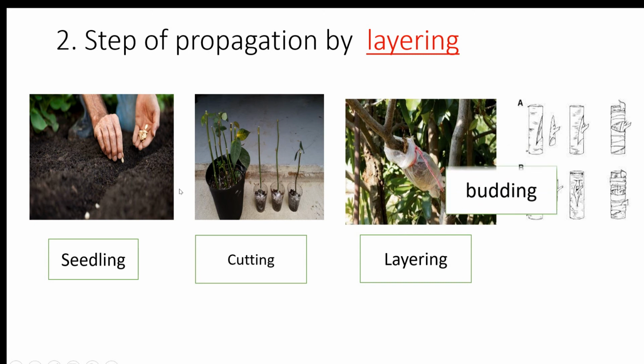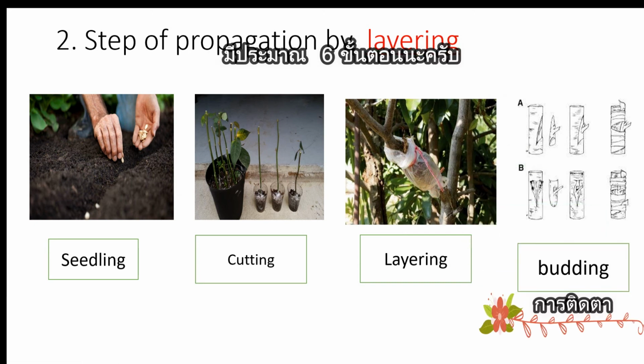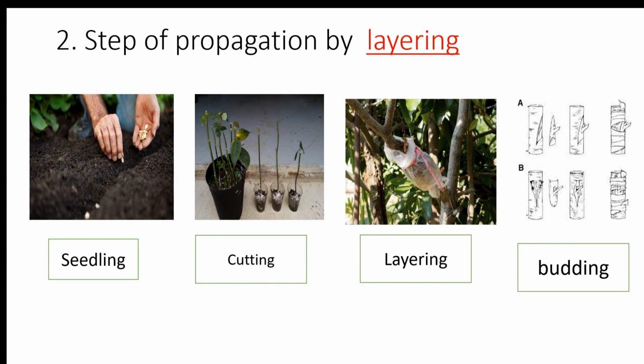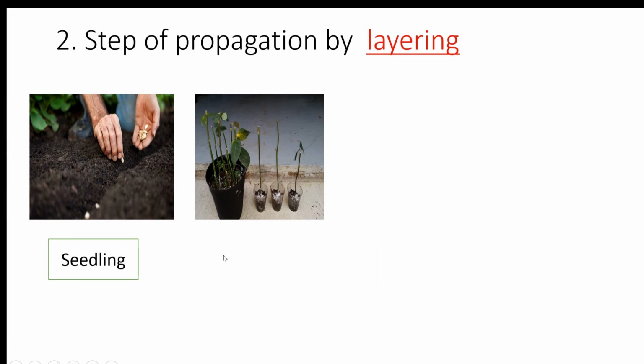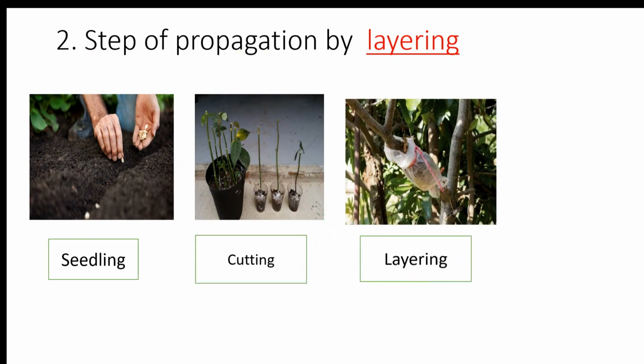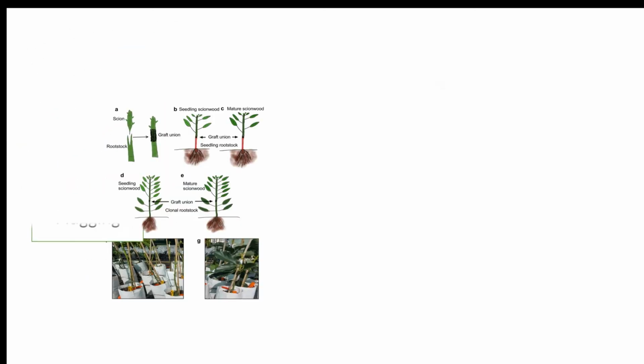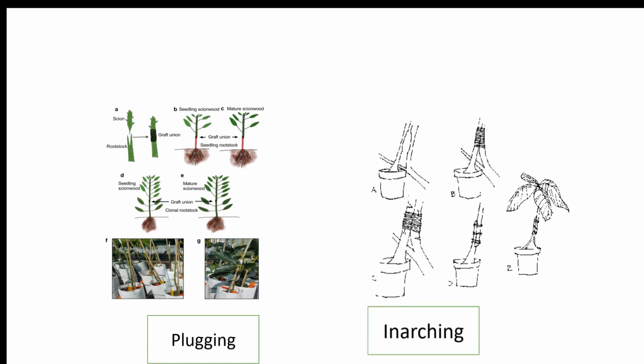We have how many propagations? 6. Okay, I should use 6 methods of propagating plants. So you have seedling, we have cutting, we have layering, and we have budding, and we have also plugging and inarching.